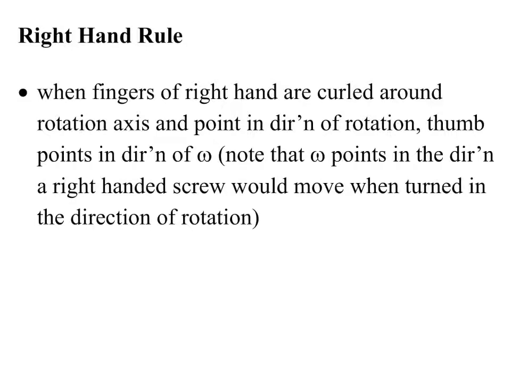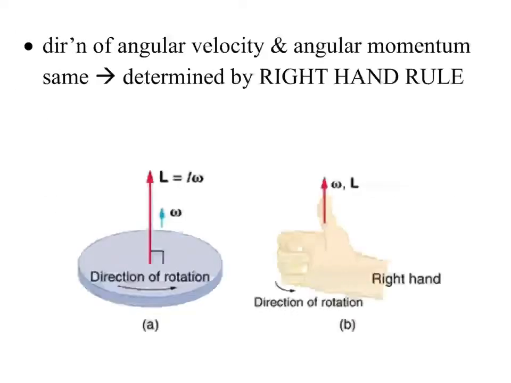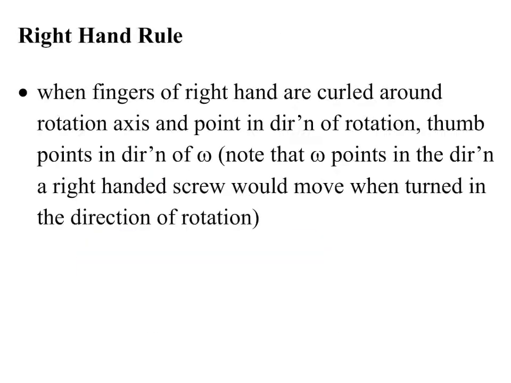Okay, and if you're like, why is that the direction? Well, think about when you twist a screw or something like that. It's basically the same as the direction that the screw would travel in if it was turned in the direction of rotation. So if you turn a screw counterclockwise, it goes up, and if you turn it clockwise, it goes down. Okay, that's the orientation that it was showing right there on that page.